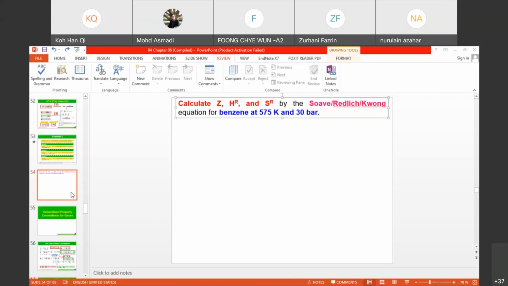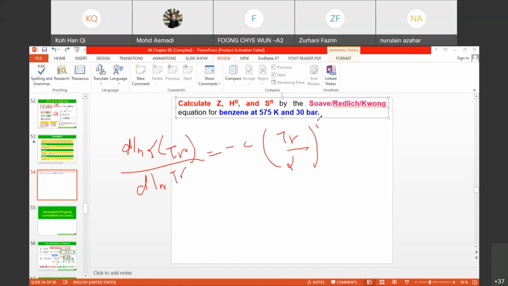So the rest is similar to Redlich-Kwong. This one, okay? TR times d ln alpha over d ln TR equals negative c times TR divided by alpha to the power of 0.5.